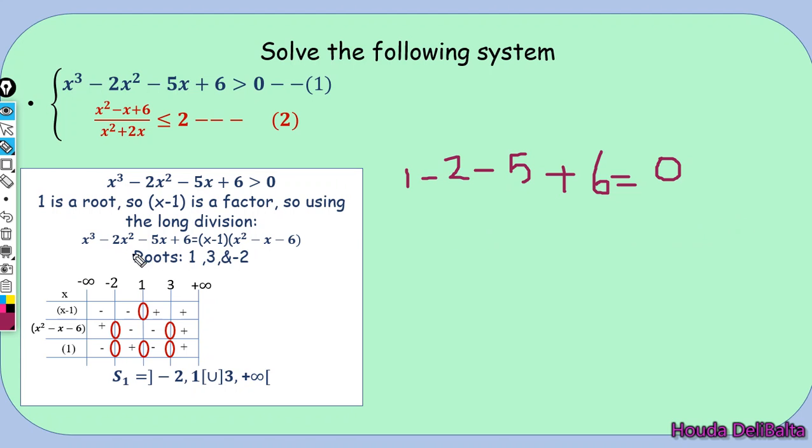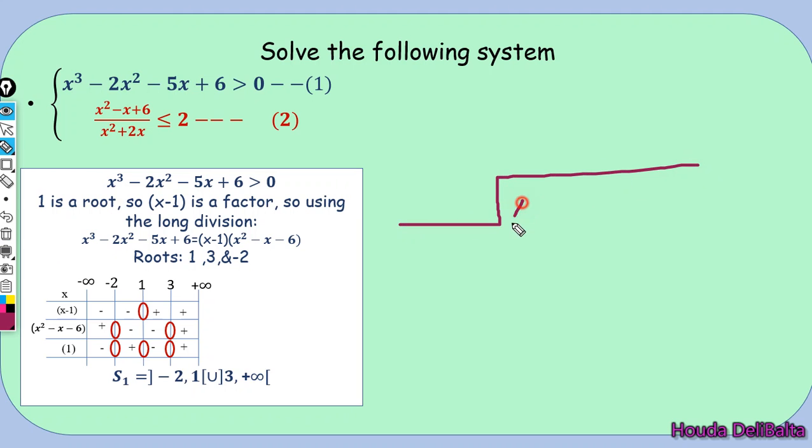So using long division, by dividing x cubed minus 2x squared minus 5x plus 6 by x minus 1, here we go with this long division.